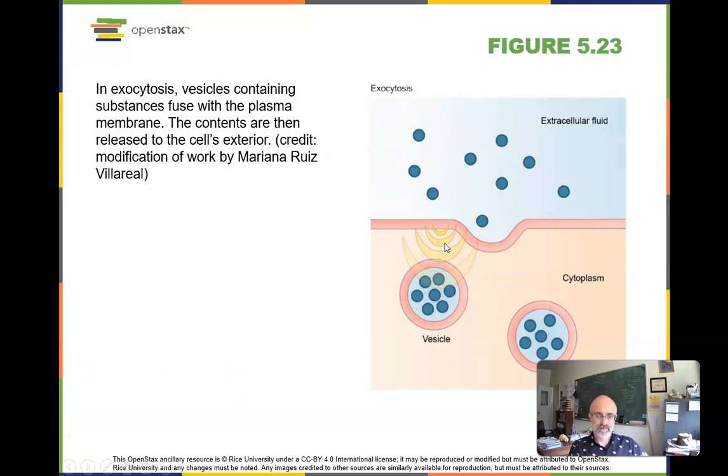So, movement of things in and out, passively, actively, simple diffusion for some molecules, osmosis when we're talking about water moving through a semi-permeable membrane. We've got active transport to move charged particles, to move big particles.